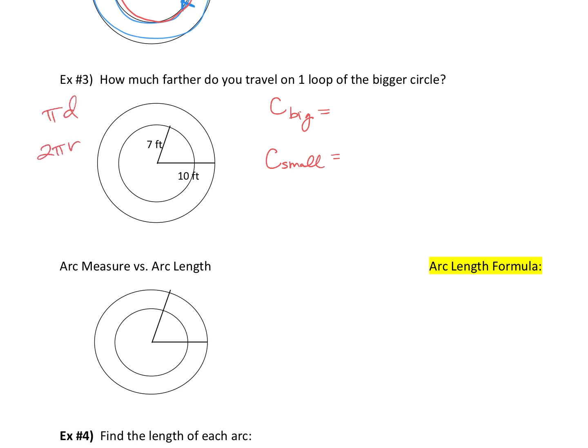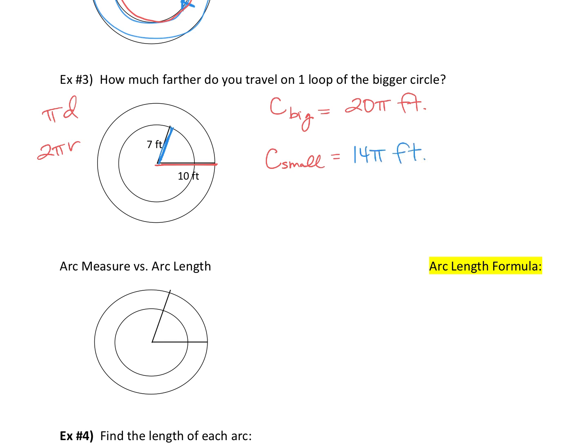I usually stick with pi d, and I just turn everything into a diameter. On the big circle, if my radius is 10, what's my diameter? 20. So my circumference for the big circle is 20 pi feet. What's the circumference of the small circle? 14 pi, pi times diameter, feet.